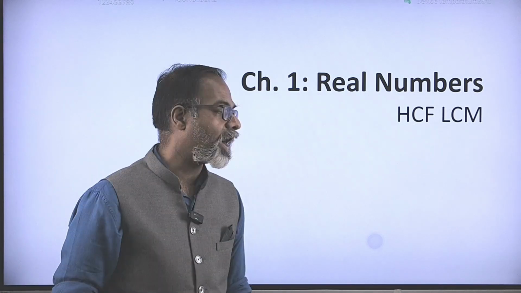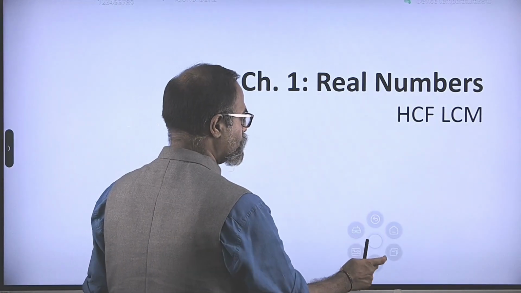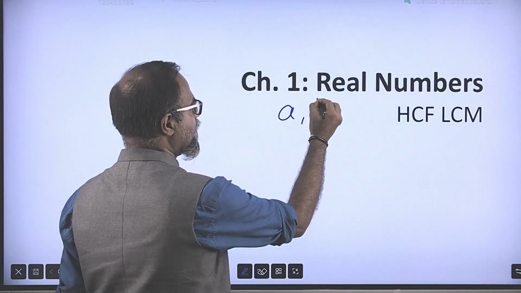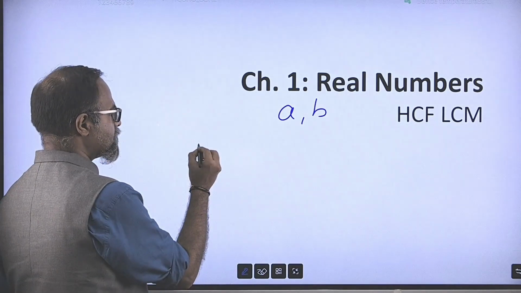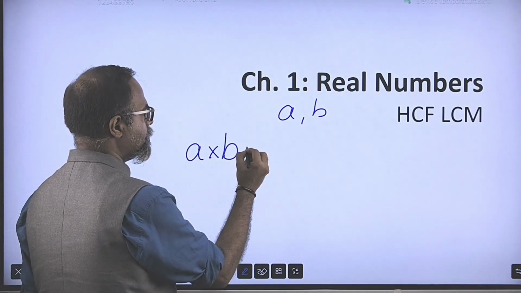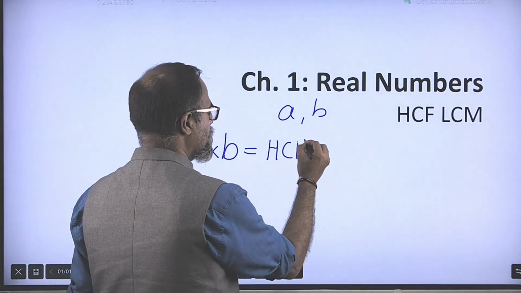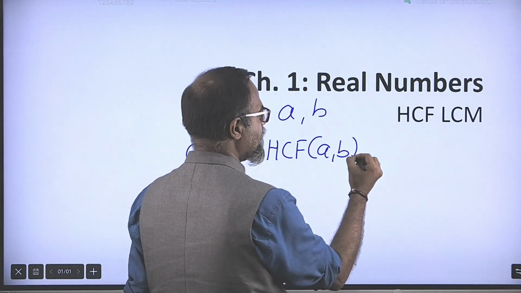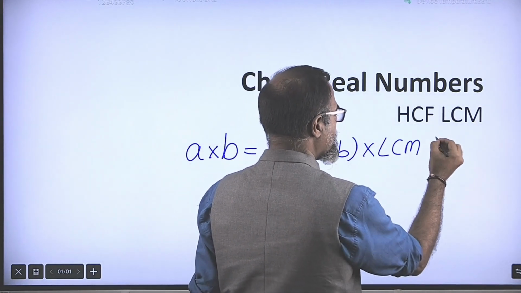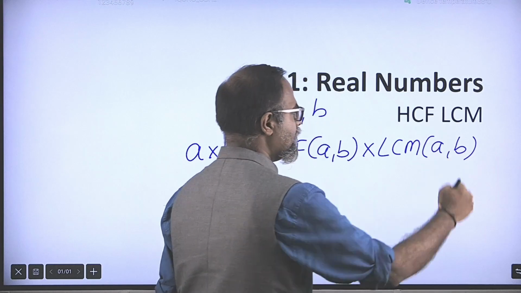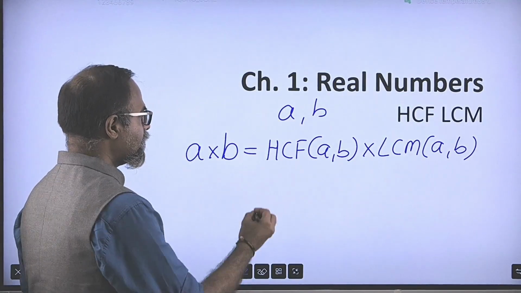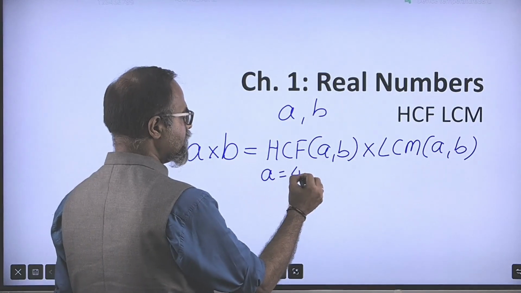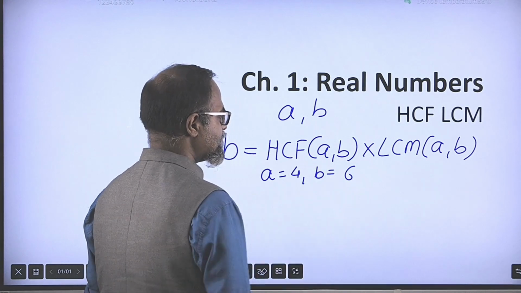If I write it down, let's assume that my two numbers are A and B. Then the property is A multiplied by B is equal to the HCF of A and B multiplied by the LCM of A and B. For example, if I assume the value of A is 4 and B is 6.